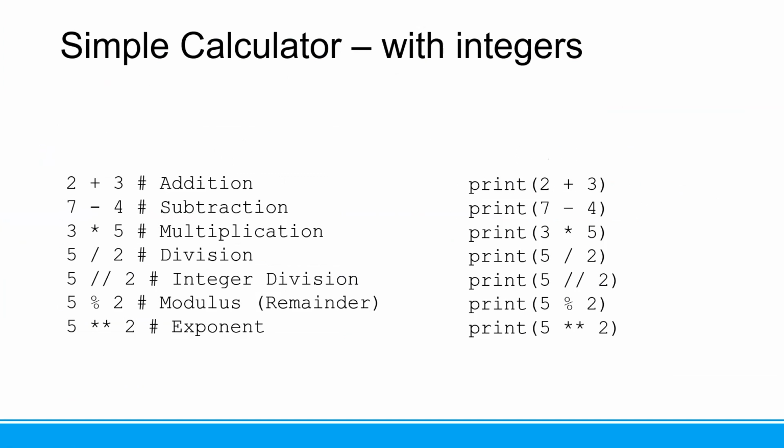Now let's do a simple calculator with integers. You know integers are natural numbers, any numbers without comma. 2 plus 3, of course the result is 5. 7 minus 4 is 3. 3 multiplied by 5 is 15. 5 divided by 2 is 2.5.